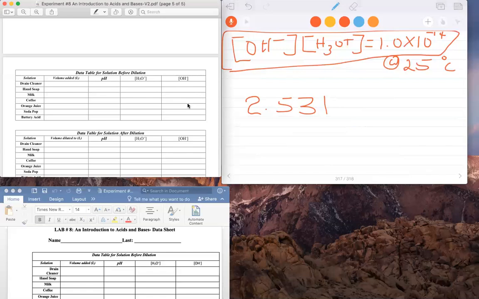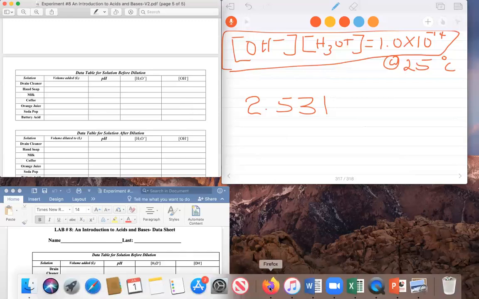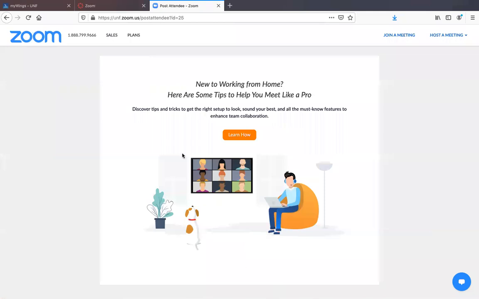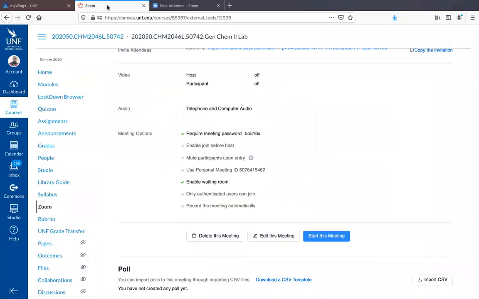I'll show you the simulation, before and after the dilution. Here is the simulation you will go to. I noticed that Adobe sometimes doesn't work well playing it. I want you to go to the modules.